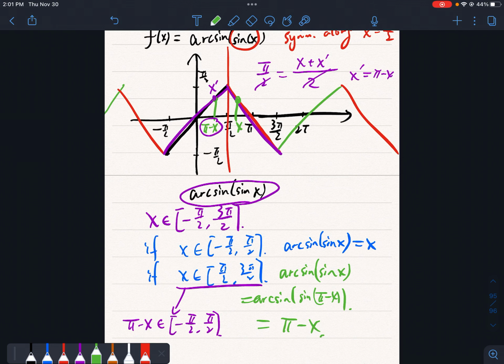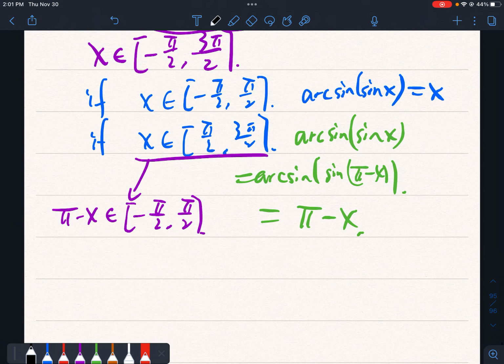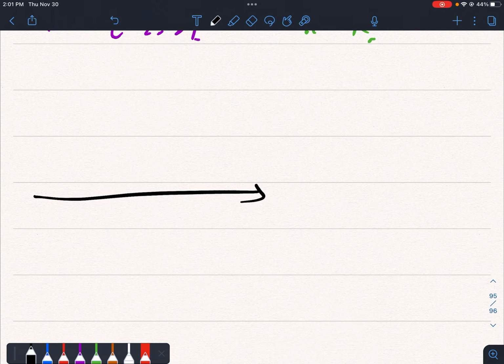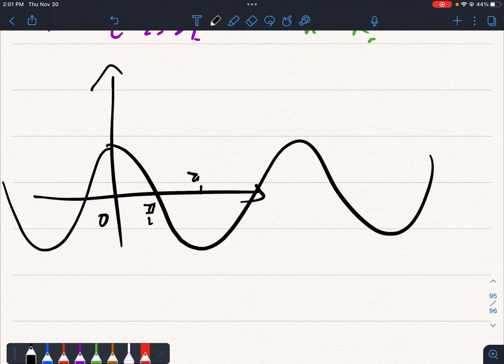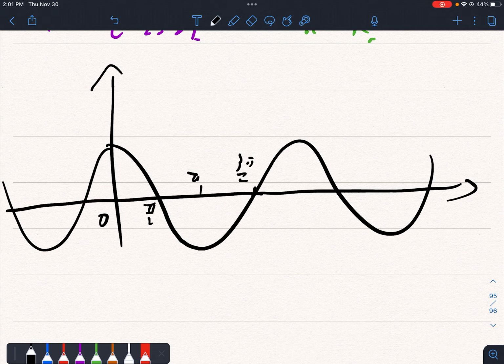Which means we can use this to solve arc sine of sine x for any x, and find the correct formula. And similarly, we can do it with arc cos. For arc cos, it's slightly different. The graph is like this, right? Here it's 0, and then go to pi over 2, go to pi, go to 3 pi over 2, and then go to 2 pi to form an entire period.